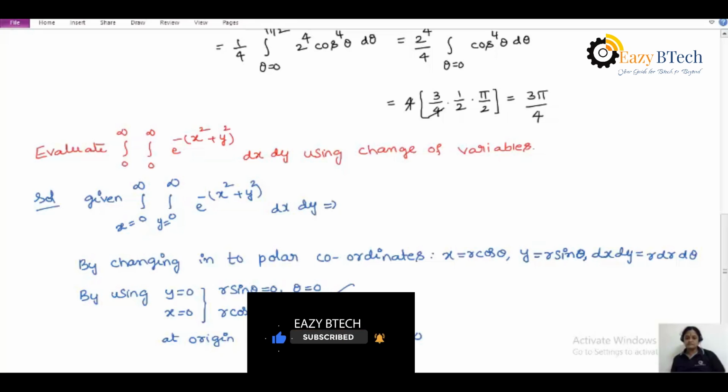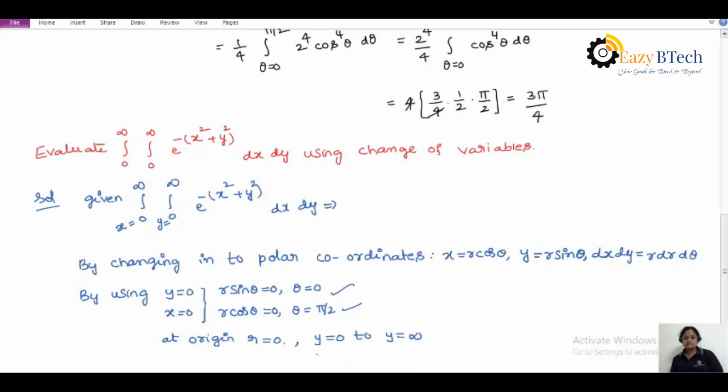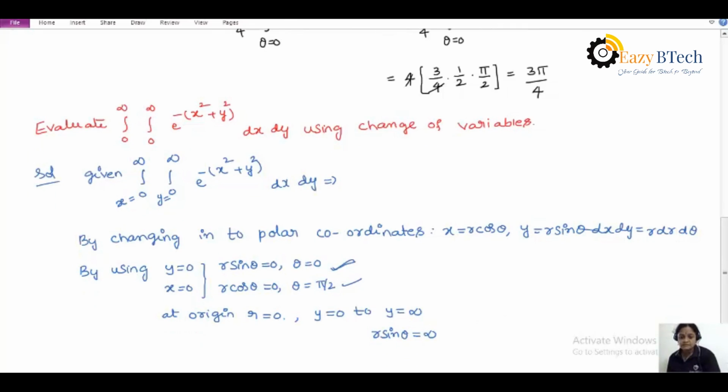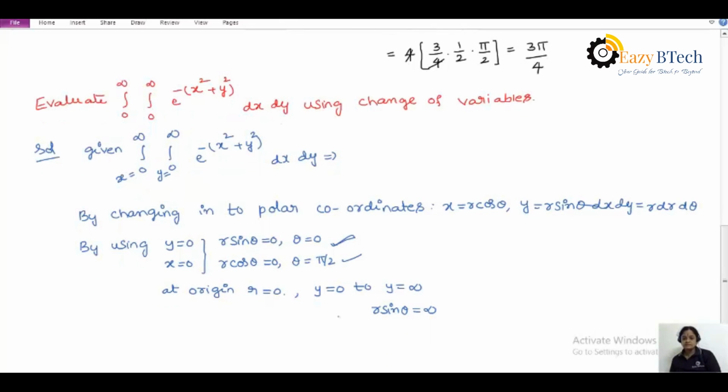By using y is equal to 0 we found the limit of theta. Then by using y is equal to infinity, r sin theta is equal to infinity, so r is also infinity.